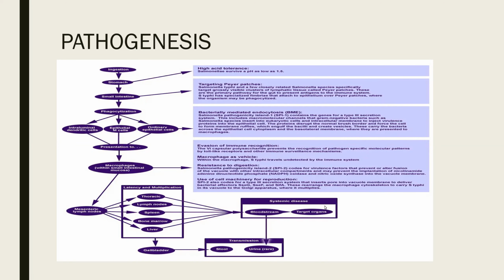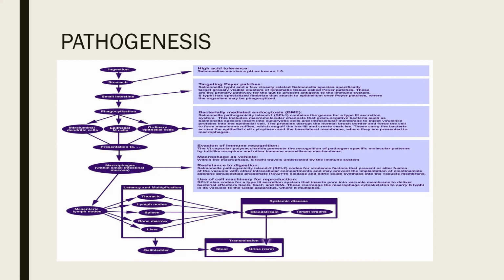The VI antigen is important because it's able to prevent recognition of the bacteria. That might explain why people believe Salmonella typhi is more infective than Salmonella paratyphi, because of this VI antigen that it has.